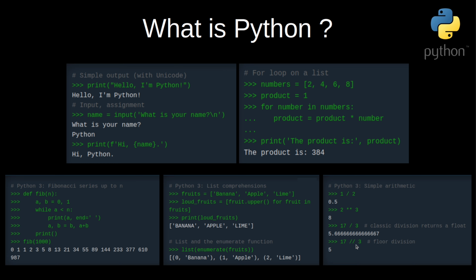If we divide 17 by 3, we have 5 and a remainder of 2. It takes only the 5 and ignores the rest. So this is the floor division. It only takes the integer part of the result of the division.